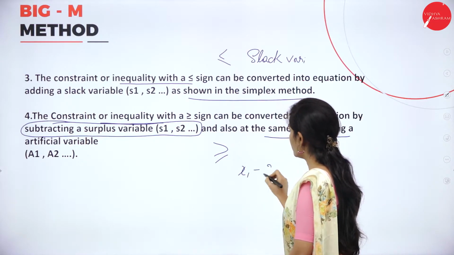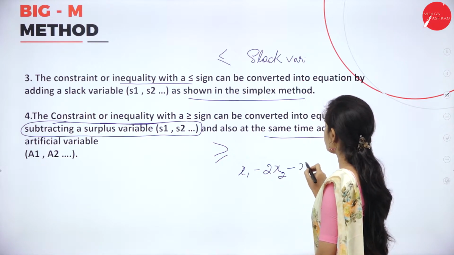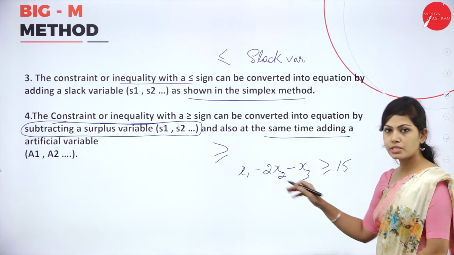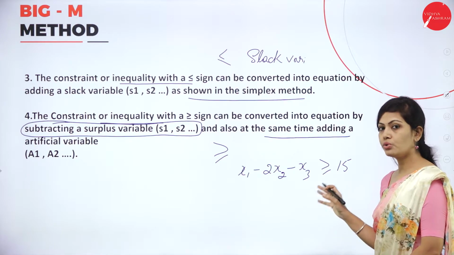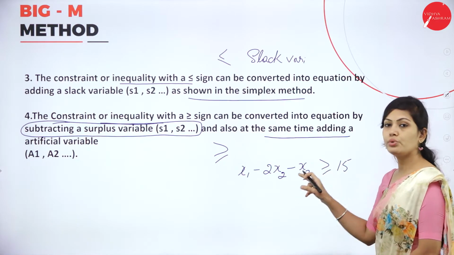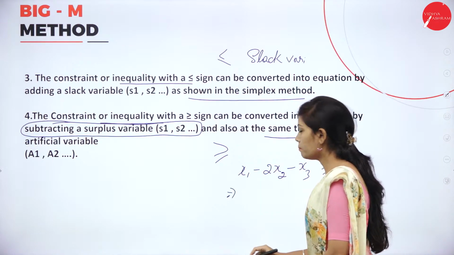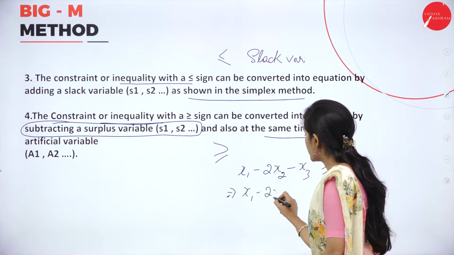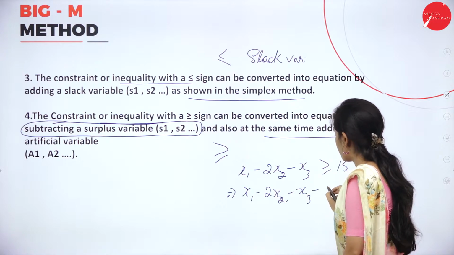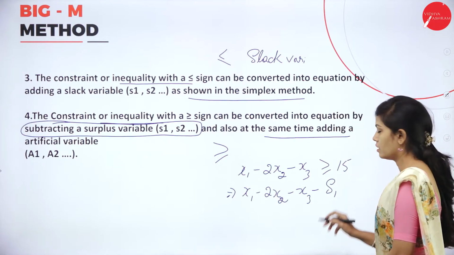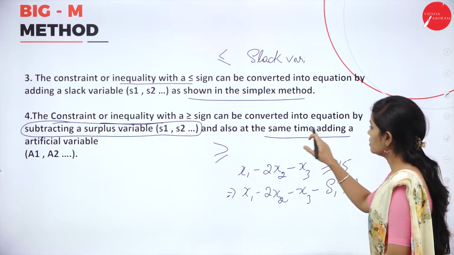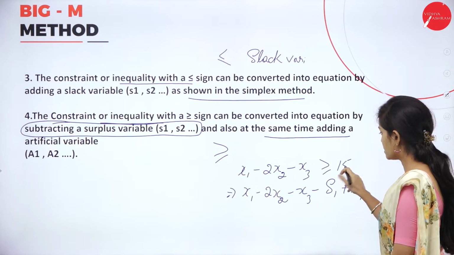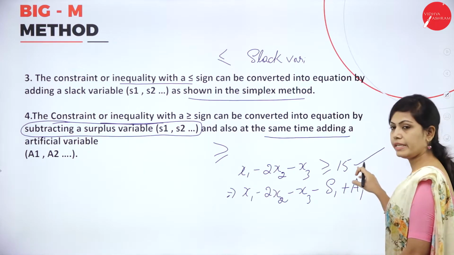Example: I have x1 minus 2x2 minus x3 greater than or equal to 15. So this is my constraint in the BCA method. How to convert this inequality into an equality?